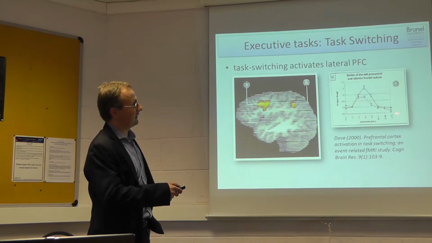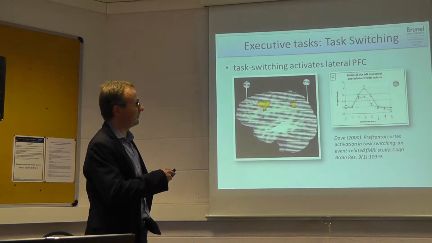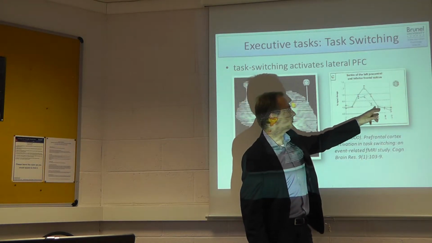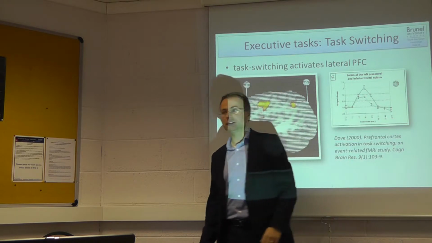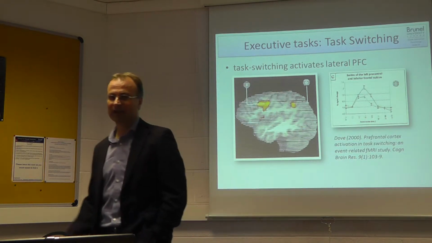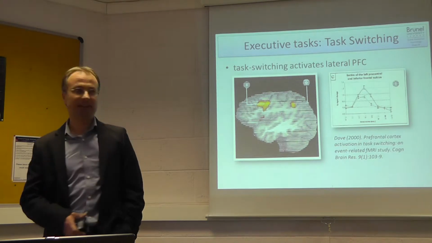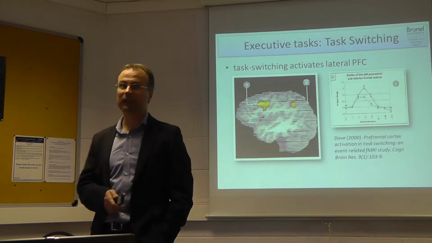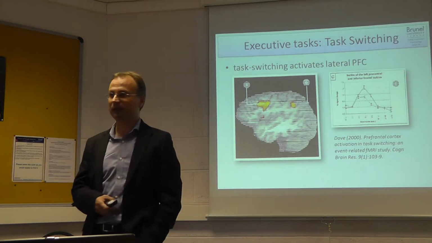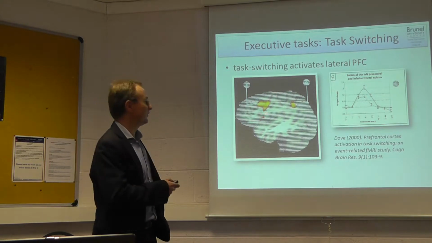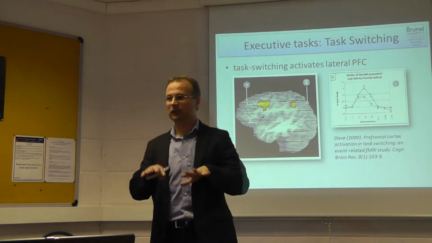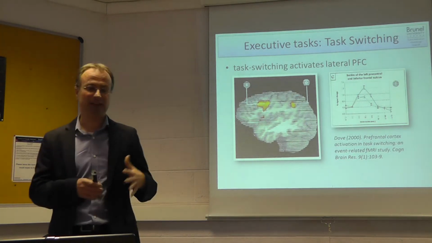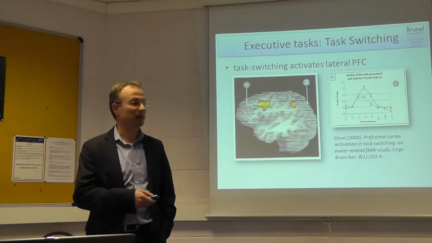And this is the profile of activation in this area after a switch or repetition trial. Green here is repetition, and this is a switch trial, so we have higher activity. Still, what is quite interesting is that this area is not only involved in switching, but also when you repeat the old trial. So in this task switching paradigm, there seems to be a general level of requirement for task coordination, even if you do the same trial as the trial before.